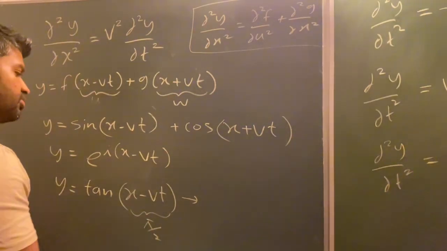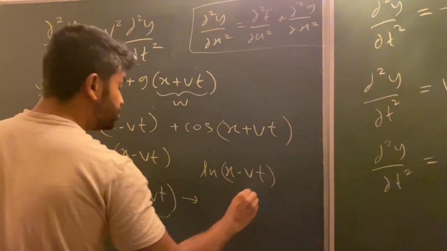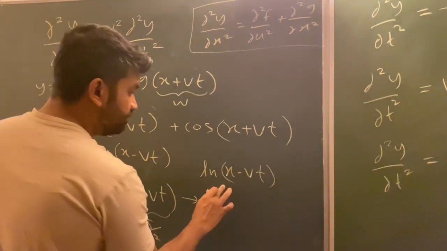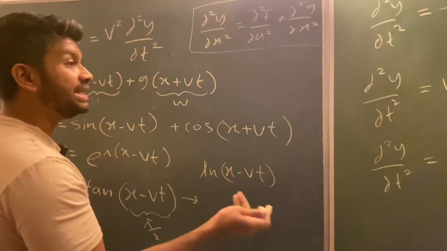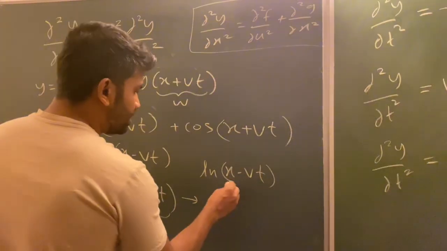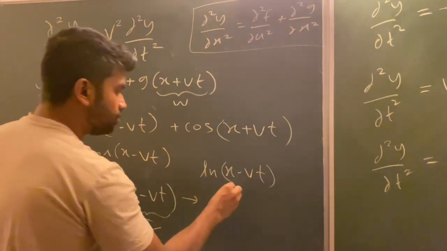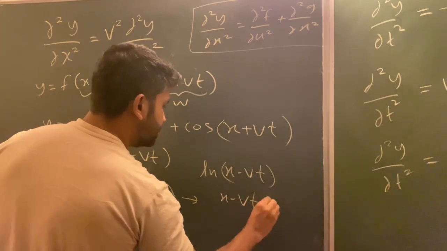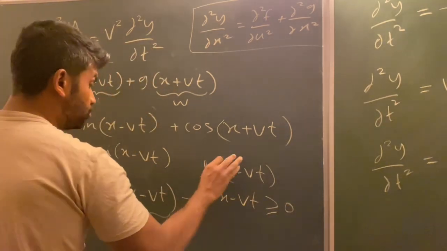Even if someone says ln(x minus vt), that's a solution, yes, correct, but even this ln can't take negative values. Therefore, that's correct, but only in the positive region, only when x minus vt is greater than or equal to 0, you can find a solution for this one.